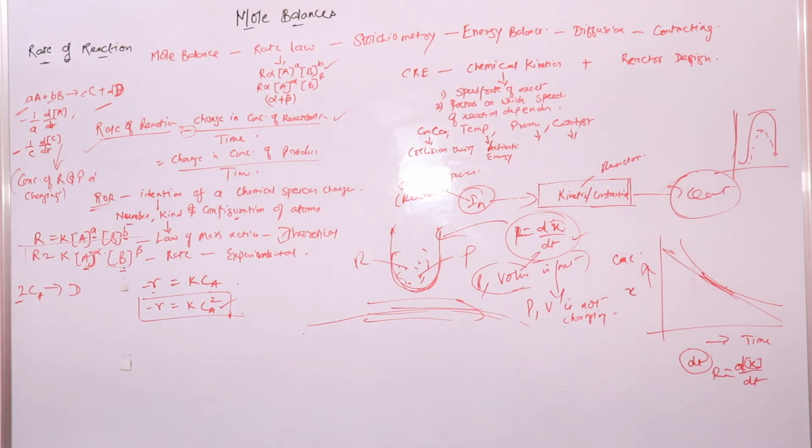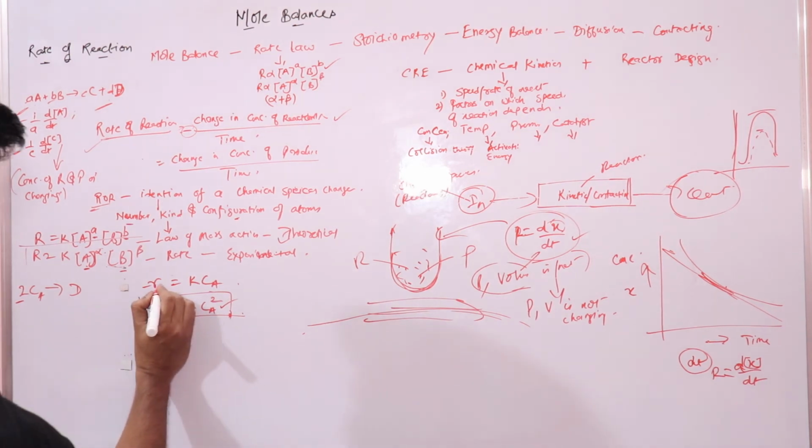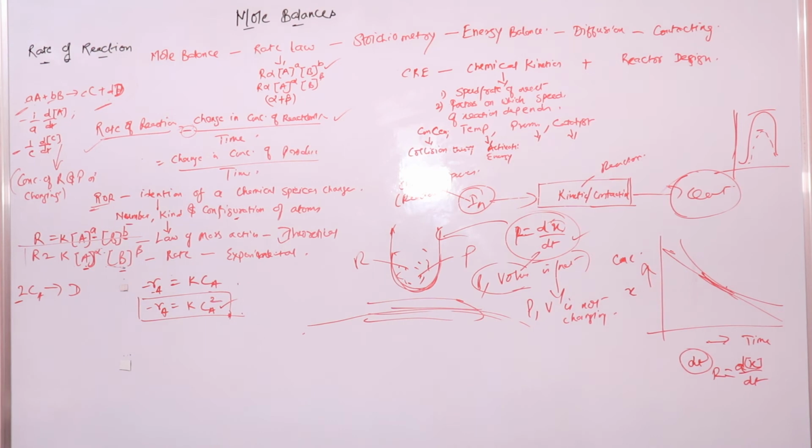So this equation is the rate of formation of A, or the rate of disappearance of A. The rate of reaction depends on the concentration of A, and the negative sign is there because the concentration of A is going down.